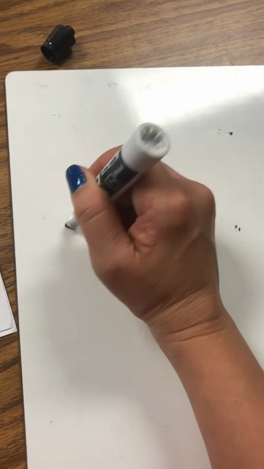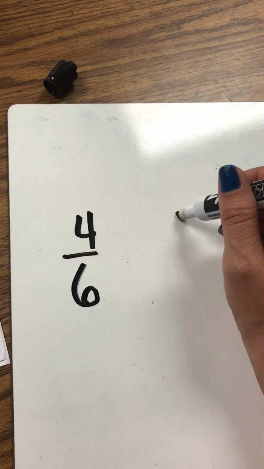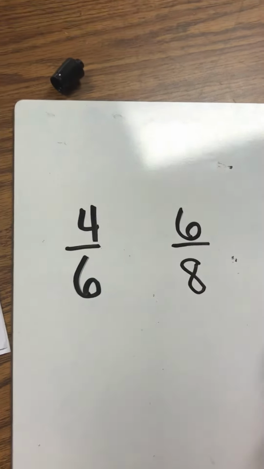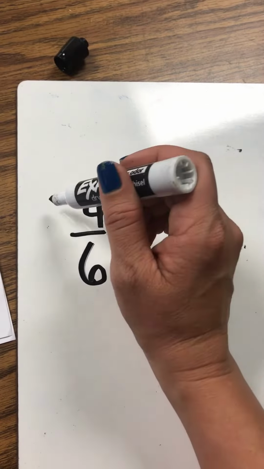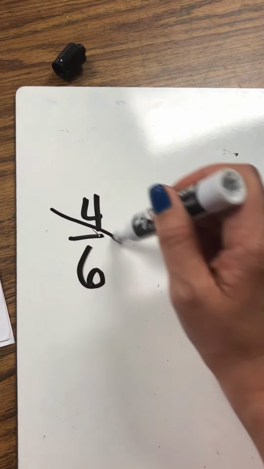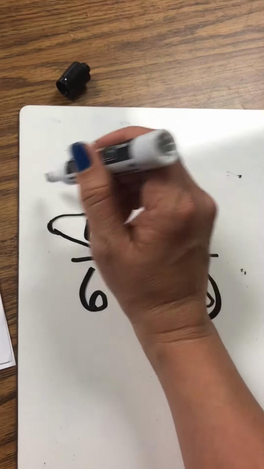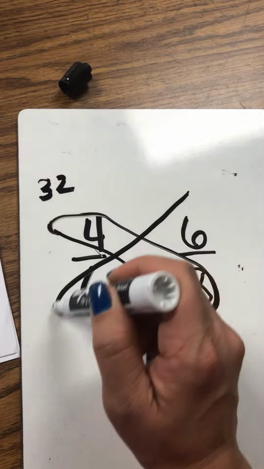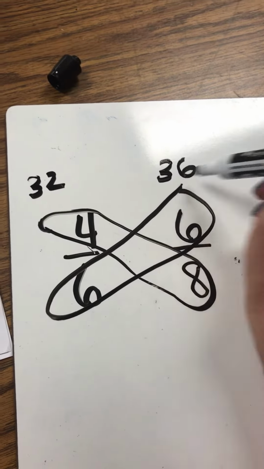So if I were to give you a problem such as 4/6, and I wanted you to compare it to, let's say, 6/8, we would do that by using something called the butterfly method, which means we're going to multiply 4 and 8 to get a product of 32, and then we're going to multiply 6 and 6, which gives us a product of 36.